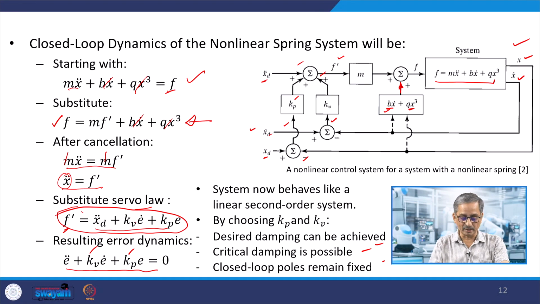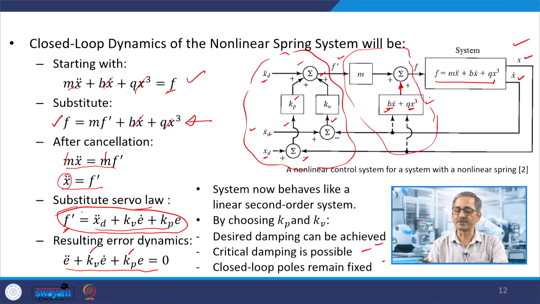So, xd double dot plus kve dot plus kpe, and now I multiply this f dash with m and then I add up with this portion. Okay. So, essentially this is my servo part and this one is my model based part, okay, and this way I try to control my system.